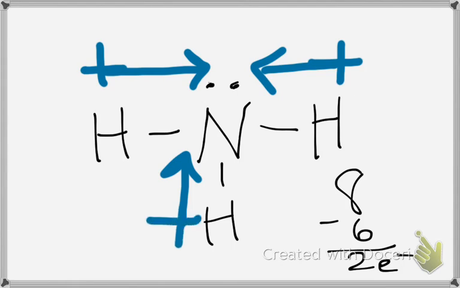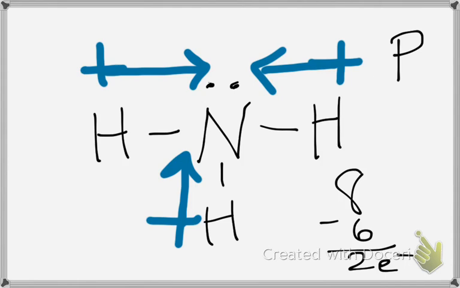Not only that, but we have this lone pair of electrons on the nitrogen, and anytime you have a lone pair of electrons on the central atom of a structure, that indicates that your molecule will definitely be a polar molecule. So anytime you have a lone pair of electrons on the central atom, which is nitrogen in this case, your molecule overall will be polar.